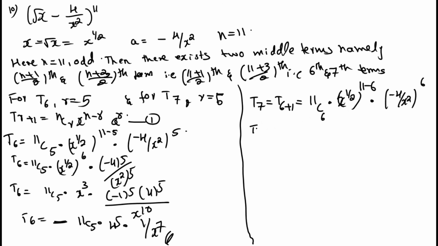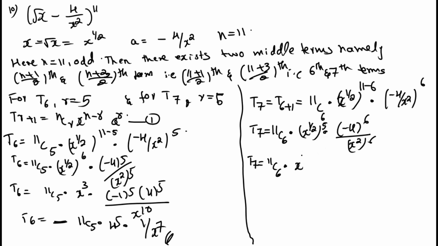So T7 equal to 11c6 into, here x to the power 1 by 2 to the power 5 we will get, and here you can write it as minus 4 to the power 6 by x square to the power 6, a by b to the power n equal to a to the power n by b to the power n. So T7 equal to 11c6 into x to the power, here you will get 5 by 2, into minus 1 to the power 6 into 4 to the power 6 divided by x to the power 12.